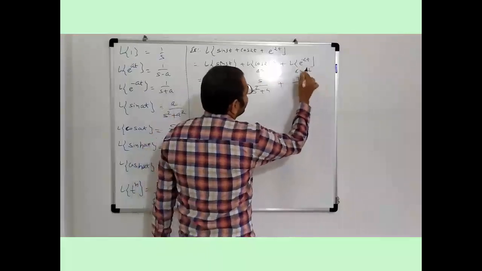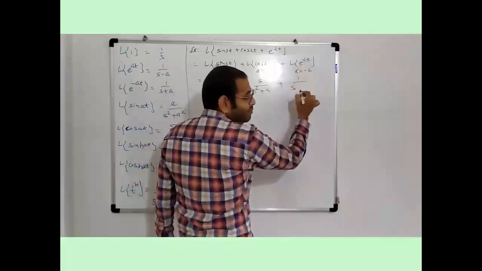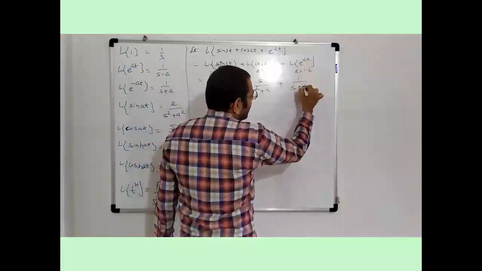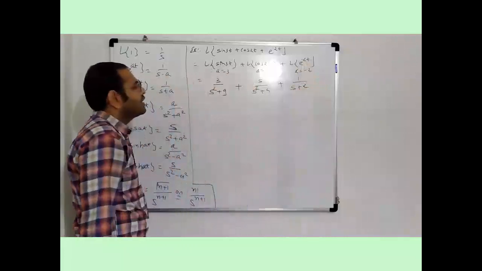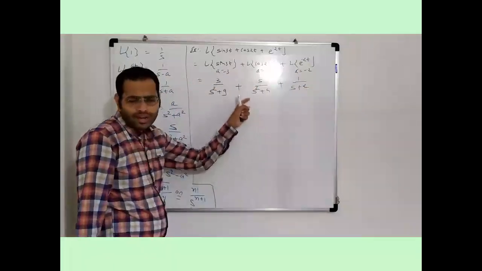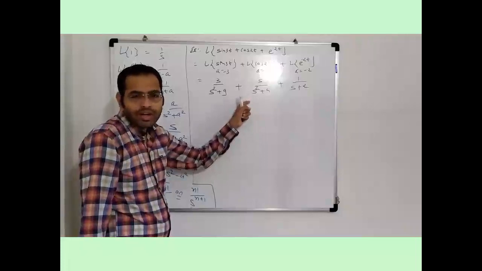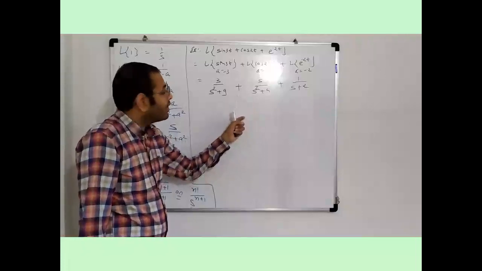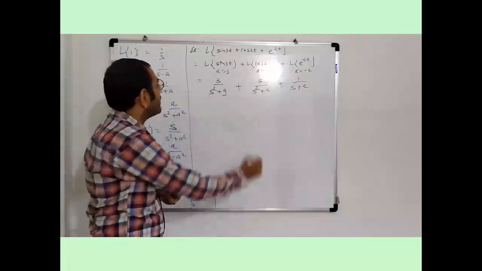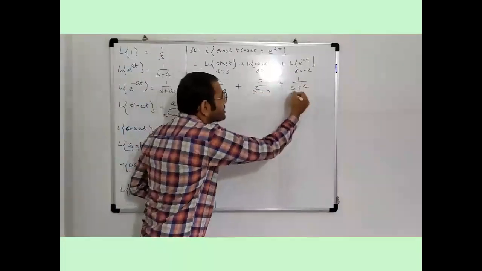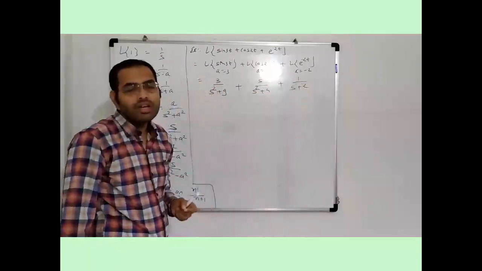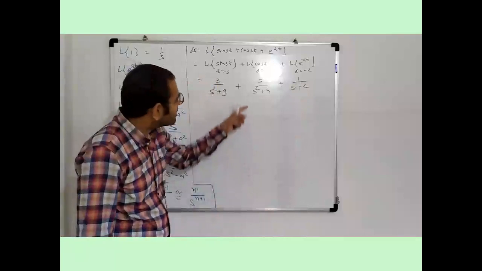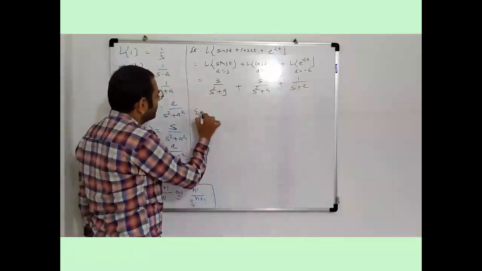And for e raised to minus 2t, it is 1 upon s plus 2, with a positive sign. There is no need to simplify this, but if required, since the denominators are almost the same, we can take the LCM and simplify.